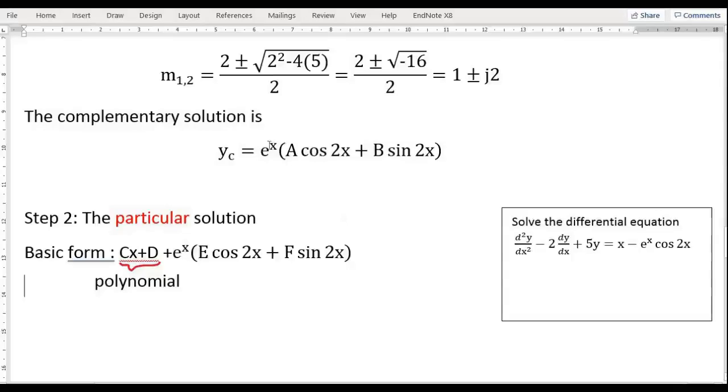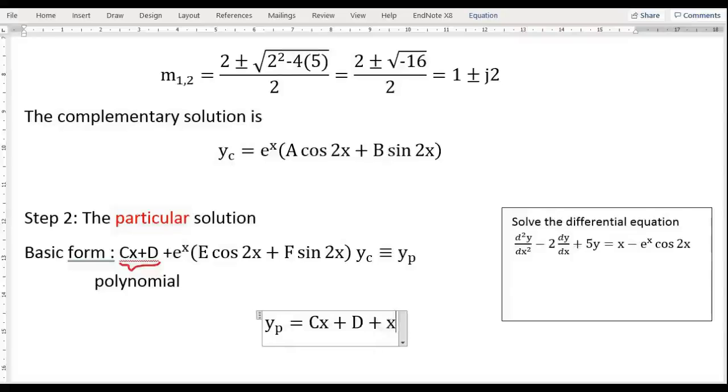Now if we compare with the complementary solution, the complementary solution is also in the form of e^x cosine 2x, so they are actually the same pattern. Because of that, we need to multiply by x for this part, and for the cx, that is sufficient.